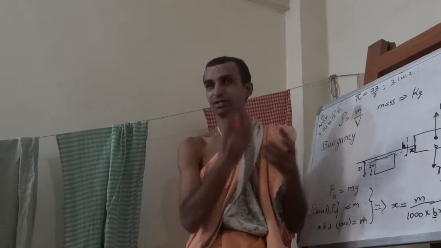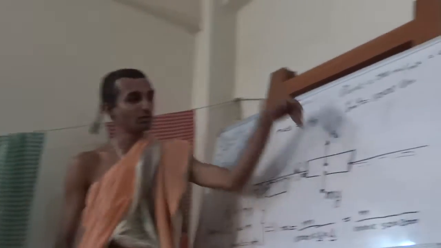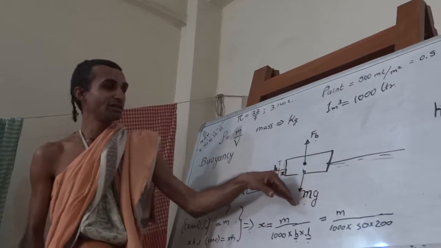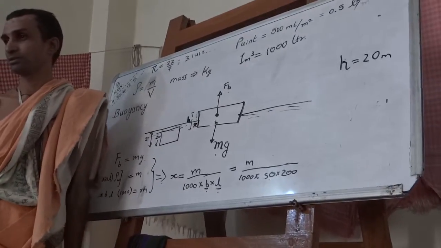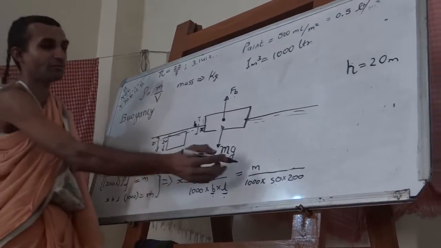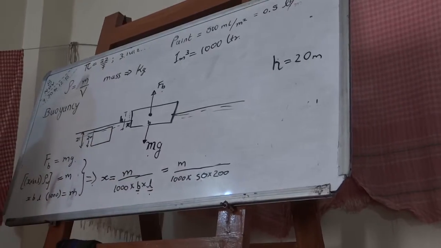Correct? That's why it is sinking. But we have designed the iron box in a way that the total weight is less than the buoyancy force experienced. That's why it is floating. So here, if you make the total weight more, then it will start sinking.